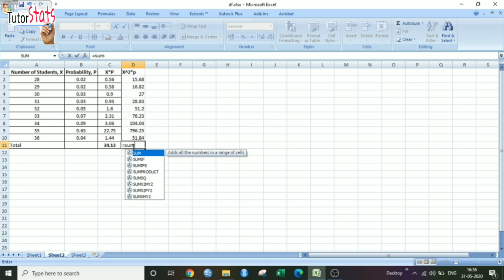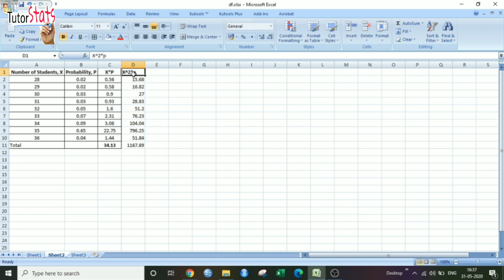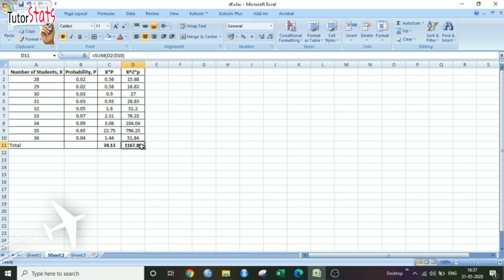And now we will take the sum of this entire column. This value is our summation of x square into p.